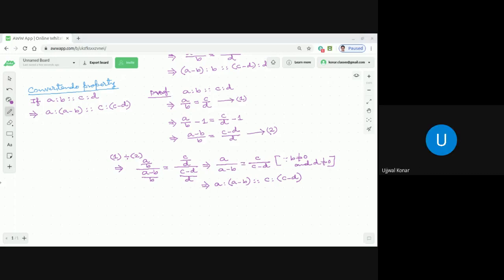The next property we are going to discuss is known as the componendo-dividendo property.